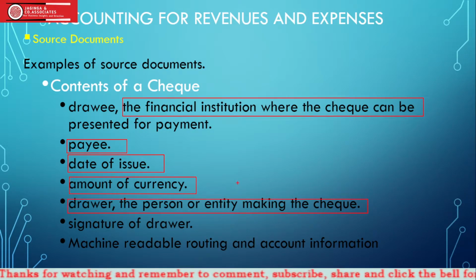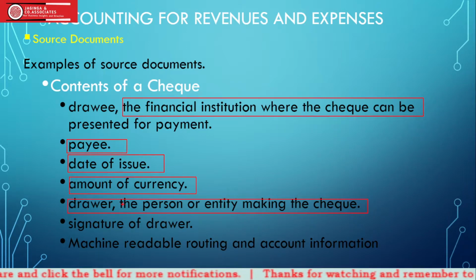And then, again, we are seeing a drawer, the person or entity making the check. The payer, in this case, is the Standard Chartered Bank, and I have an account with Standard Chartered Bank.